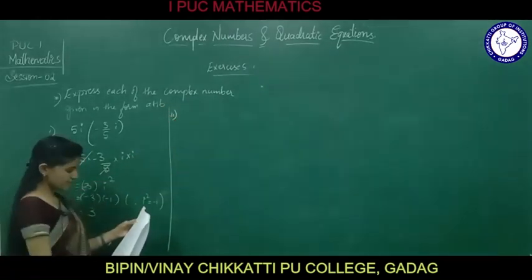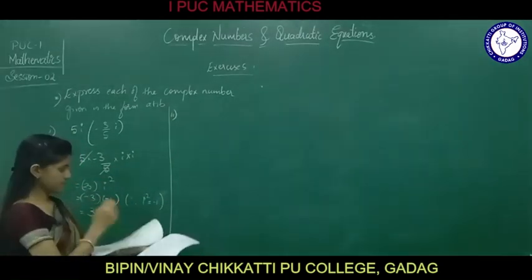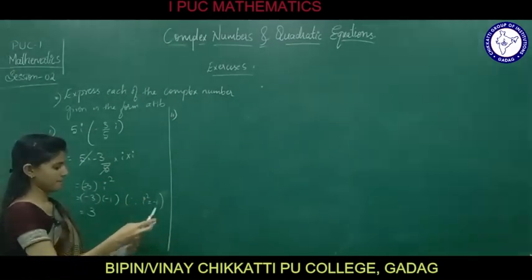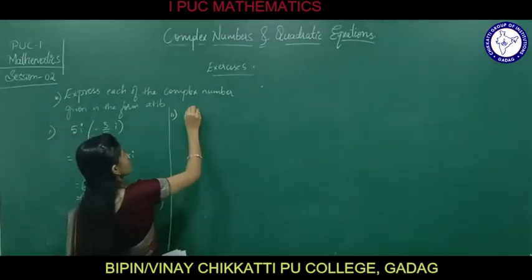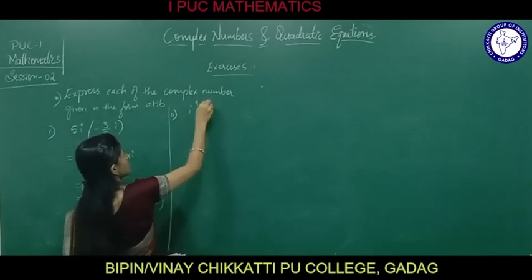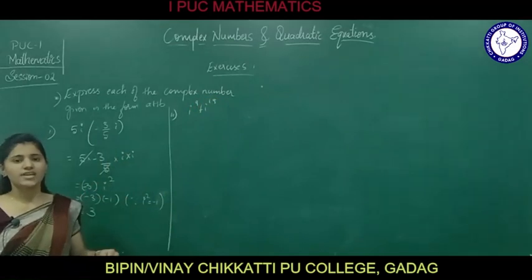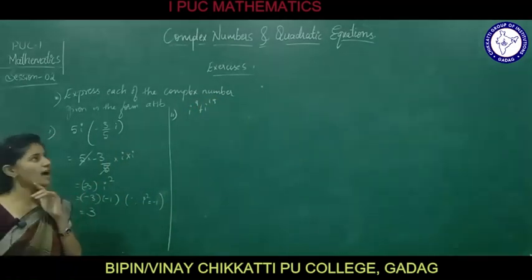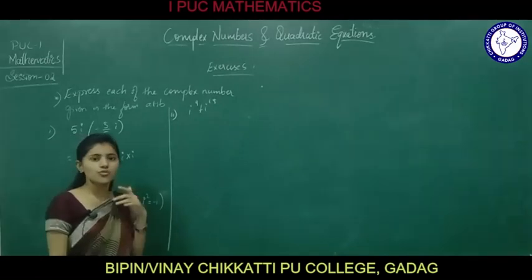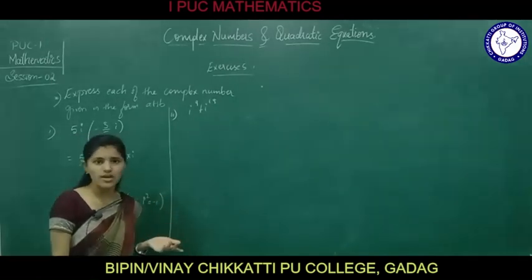What is the second one given? i raised to 9 plus i raised to 19. So dear students, we had just studied the powers of i, right? i raised to 4k plus 1, i raised to 4k plus 2, we had studied those.